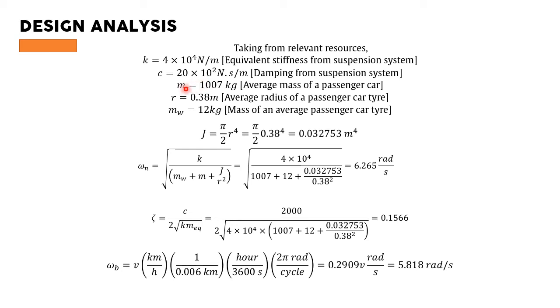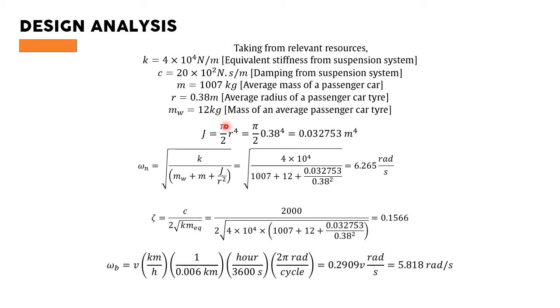For the mass of the car, we searched the internet, which gave 1007, the mass of a small average passenger car. So this is an estimate, and r is the radius of the tire wheel, which is also the radius of an average passenger car wheel tire. So this is an average value. And finally, the mass of the wheel is taken to be 12 kg, also taken from relevant internet resources.